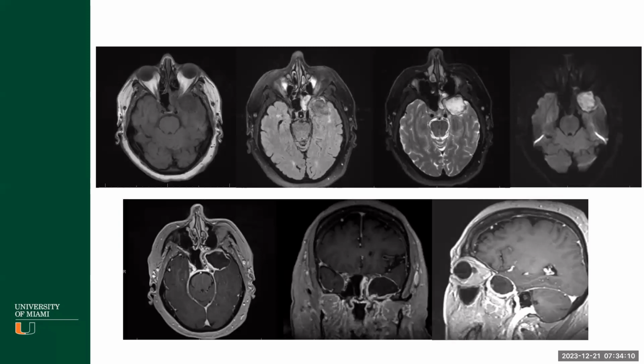Perfect. For diffusion, would you say hyperintensity, or restricted? Oh yeah, right. For diffusion, it's restricted. Perfect. And then to top us all off, this final image on the bottom, the post-contrast: we have some enhancement on the rim.